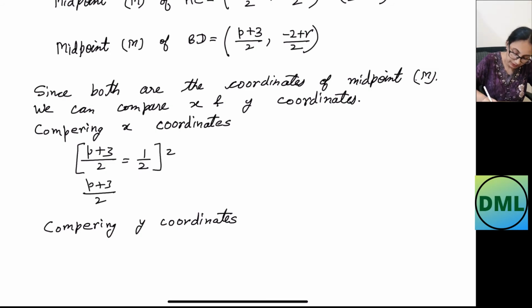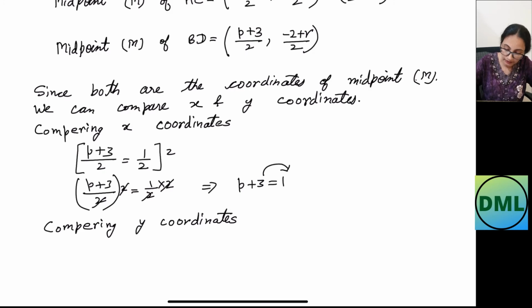P plus 3 by 2 multiplied by 2 is equal to half multiplied by 2. So 2 will get cancelled on the left and right hand side also. So we will get p plus 3 is equal to 1. Move this 3 to the right hand side. It will be p is equal to 1 minus 3. This gives you p is equal to negative 2.